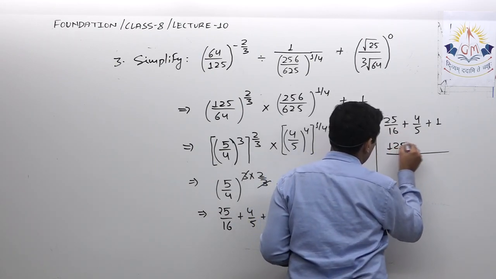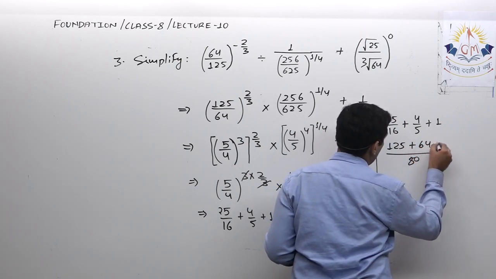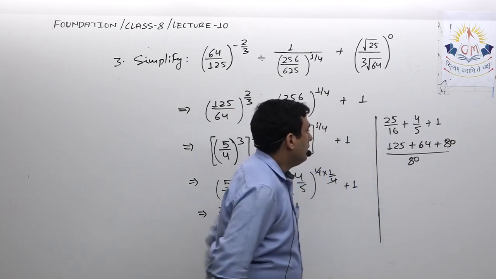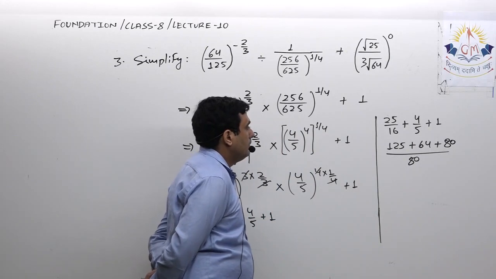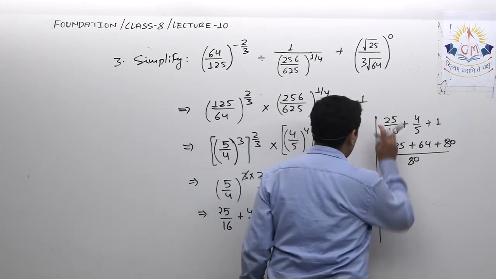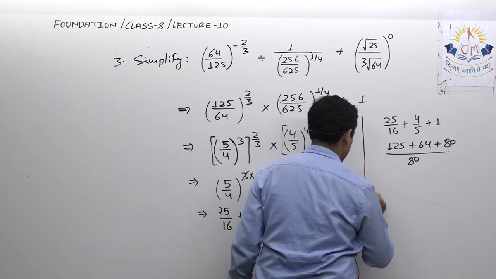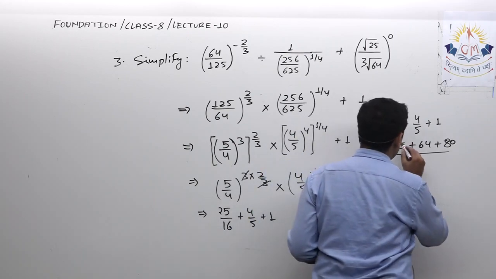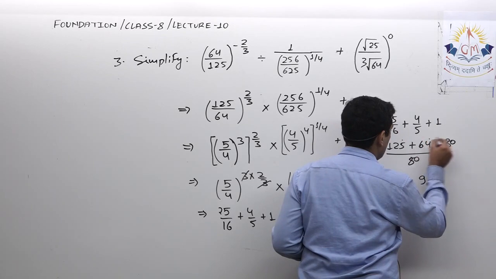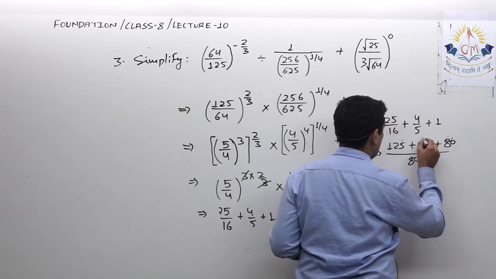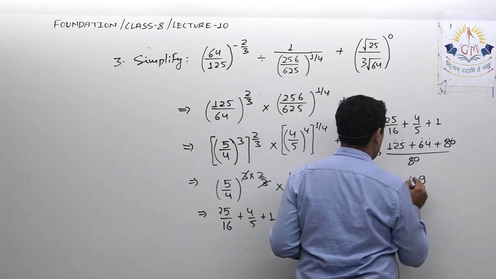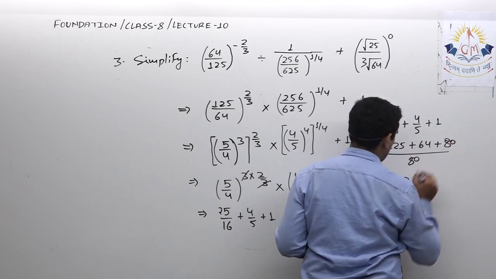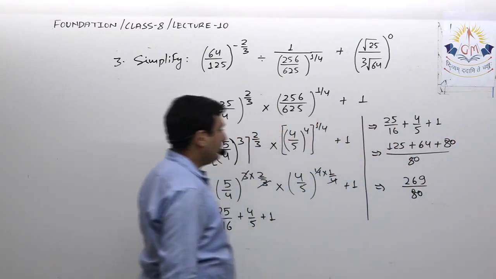So here it will become 125 plus 64 plus 80. Okay, so final answer in this case will be 269 upon 80. This is the final answer. Okay, so please note it down.